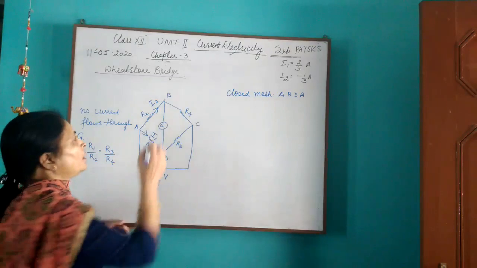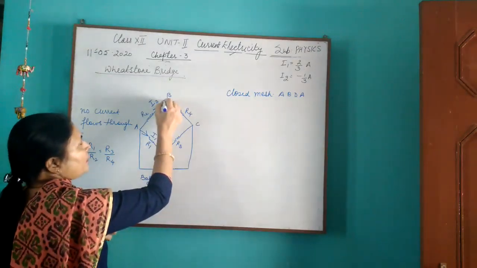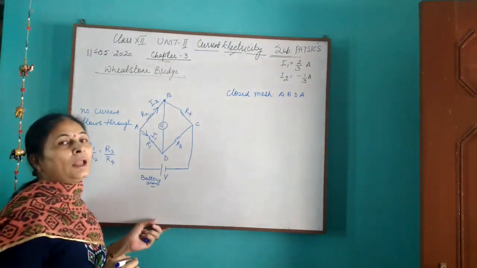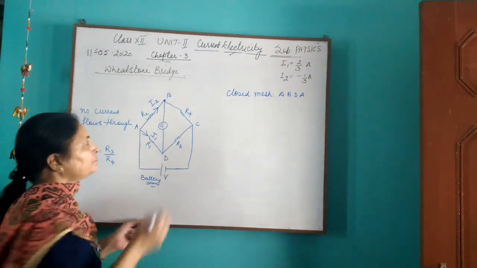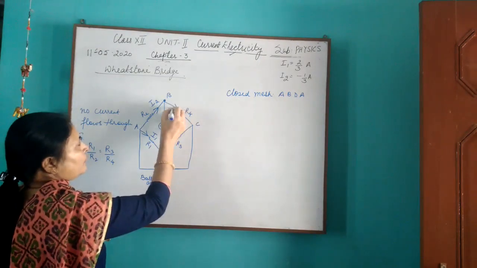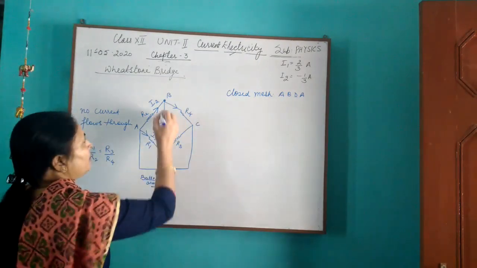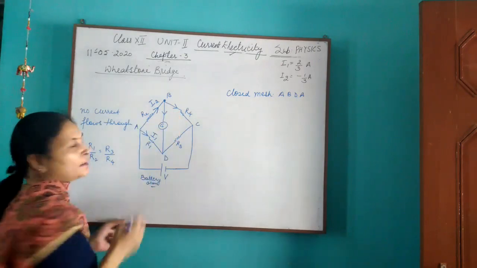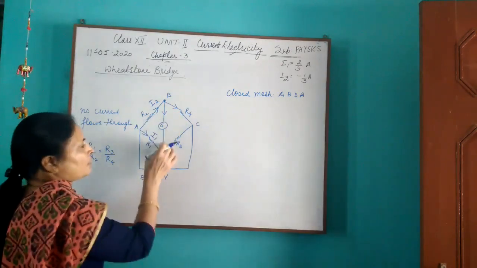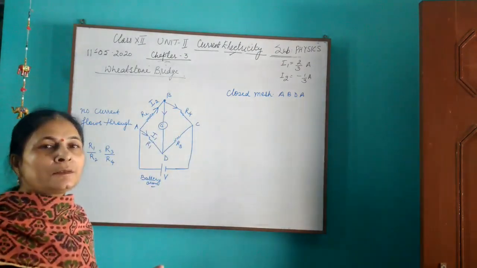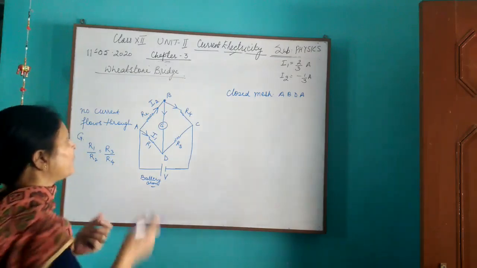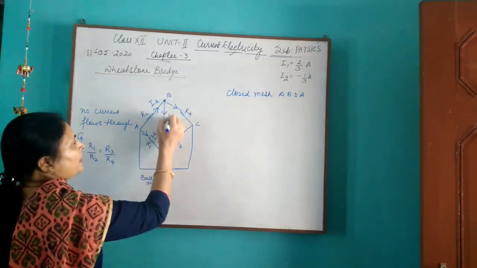Now when the current reaches the point B, it will have two paths: one towards R4 and a part towards IG, the current through the galvanometer. This concept can be taken at one of the corners.